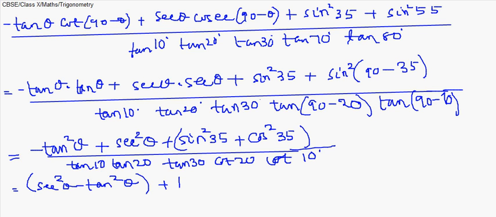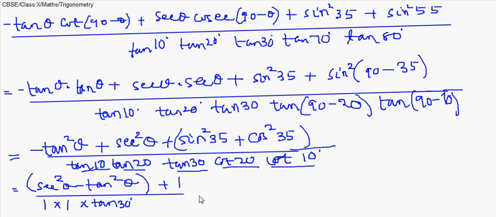And the one below, let me just write it, manage it within the space there. See, it is tan 10 and cot 10, that gives you 1, right? Then tan 20 cot 20, that gives us another 1, and there is a tan 30. What's the value of tan 30?